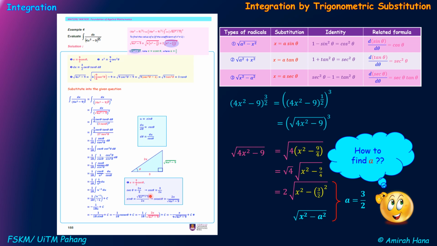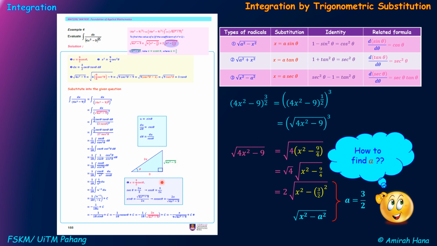Daripada cos ni bermaksud 3 adalah adjacent, 2x adalah hypotenuse, and then cari sendiri opposite using Pythagoras theorem. So we got 2x in bracket squared minus 3 squared. So 2x in bracket squared akan jadi 4x squared minus 3 squared equals to 9.